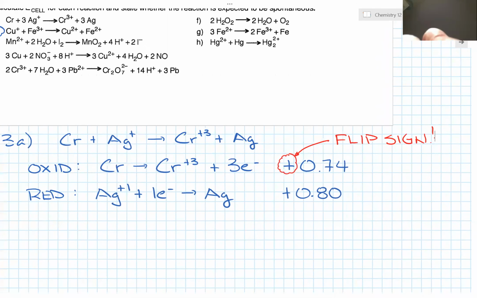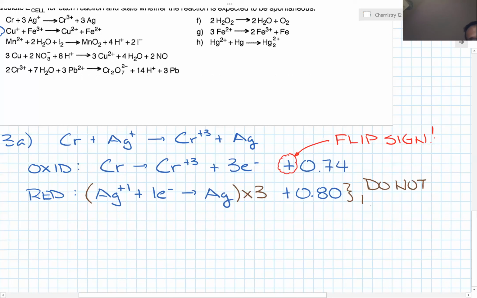Now, remember, before we can combine them, we have to balance the electrons. So for silver, I have to multiply by 3. But for this number, do not multiply the voltage. You don't multiply the voltage.